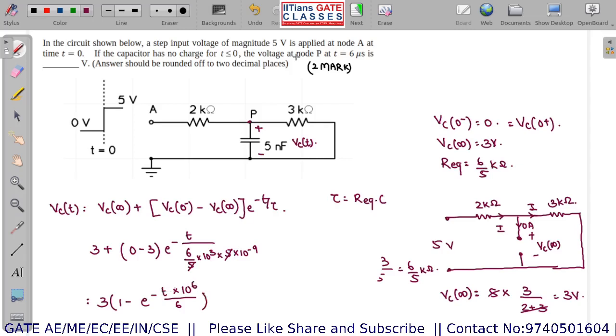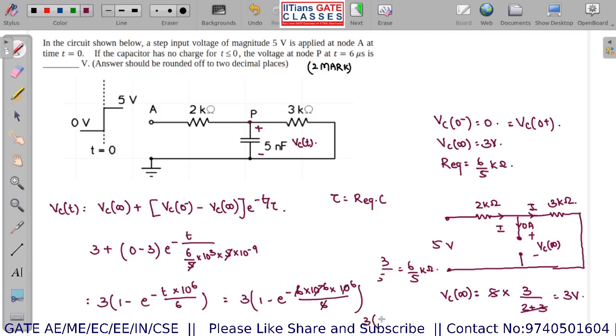Now in the question it is asked, find the voltage at node P at t equal to 6 microseconds. So put t equal to 6 microseconds. This will be 3(1 − e^(−6×10^−6×10^6/6)). Everything gets cancelled and this will be e to the power minus 1.